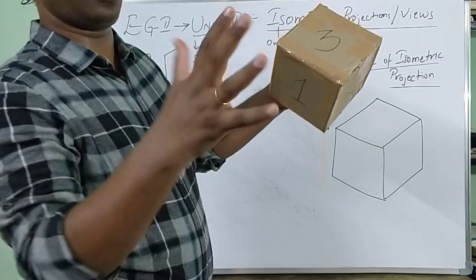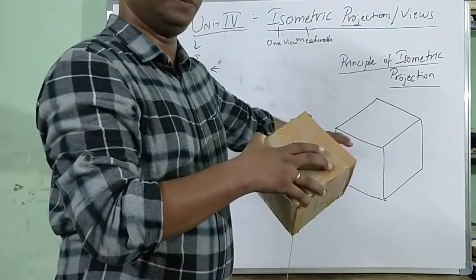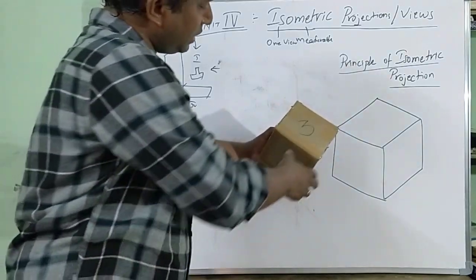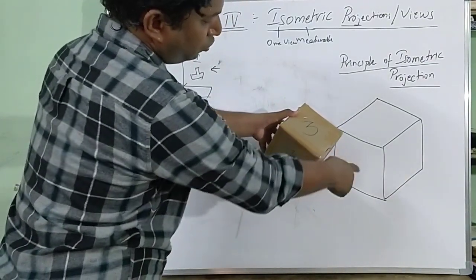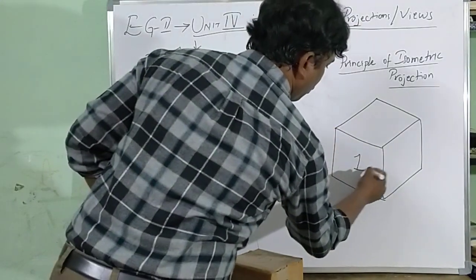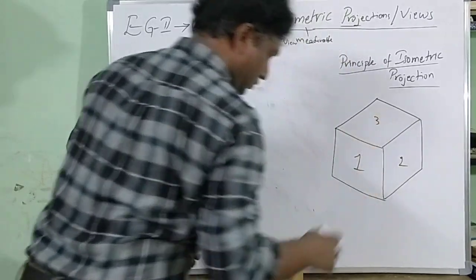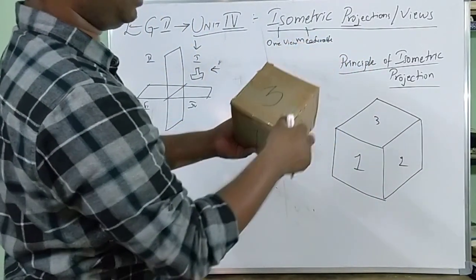If you draw the front view of this as it is, it will look like this. I am drawing the 3 faces: 1, 2, 3, first face, second face, third face.